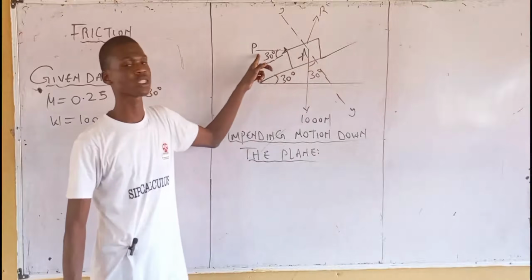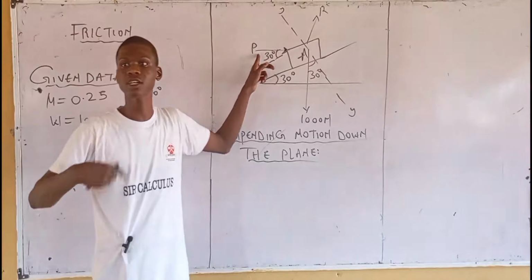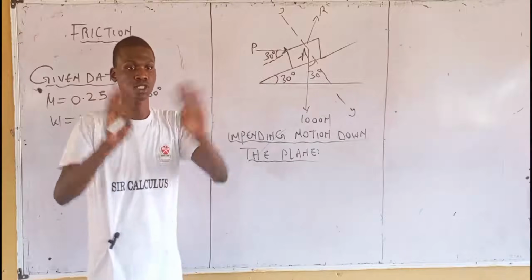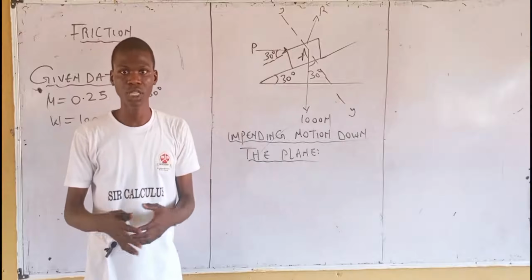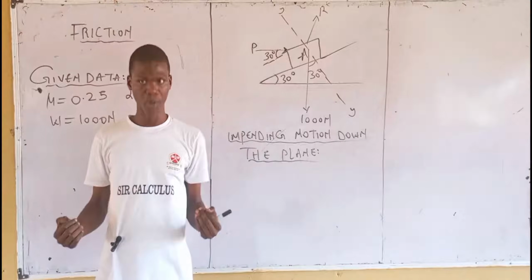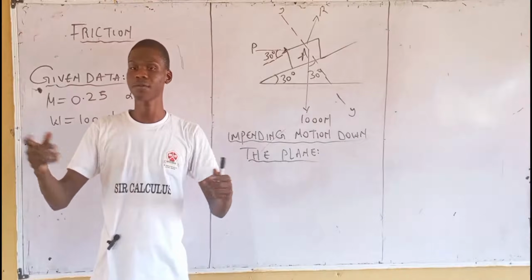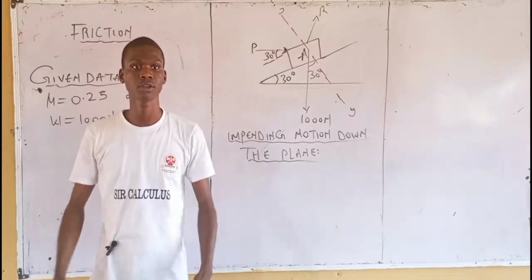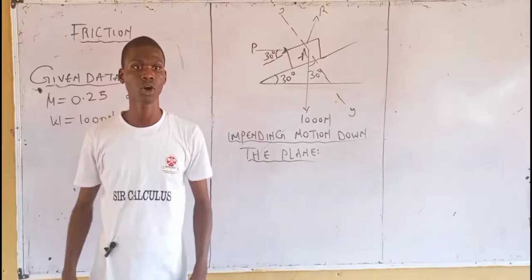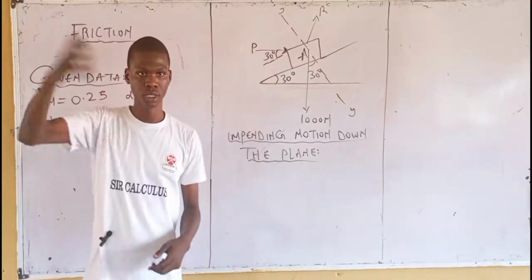Imagine yourself being the force that you want to push it with. When the force you applied is not sufficient, what happens? It will slide down. Imagine you are on a ramp, like the one you normally carry a wheelchair on, or anything slopey.